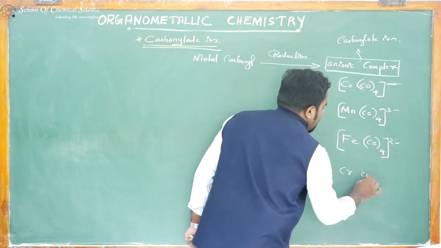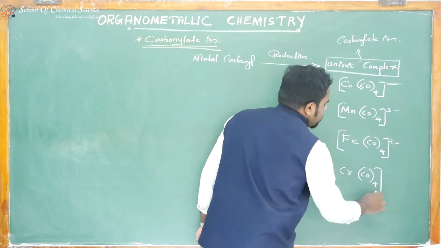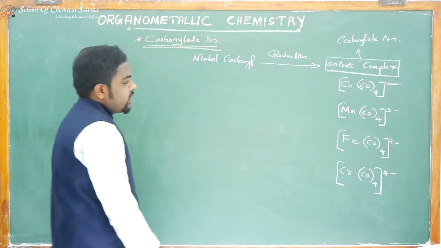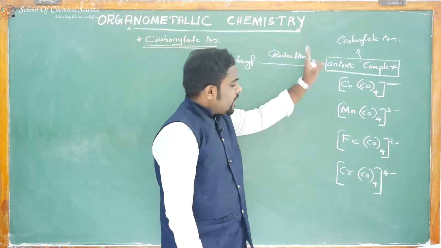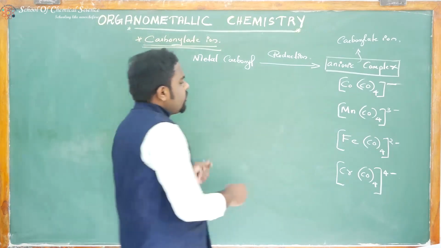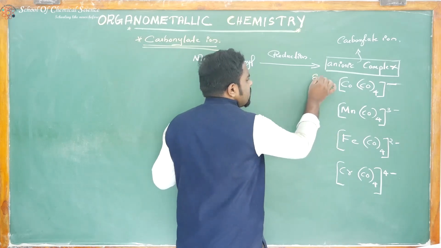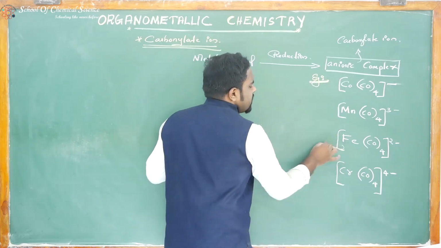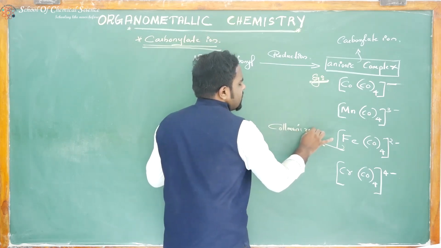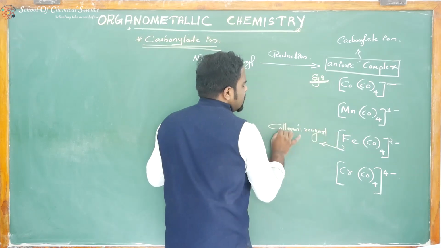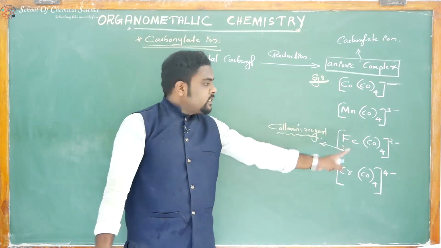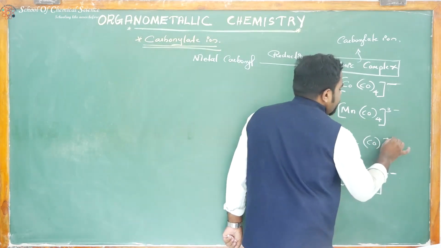Then Cr(CO)4 4 negative, Fe(CO)4 2 negative, Mn(CO)4 3 negative, Co(CO)4 negative. These are some typical examples. This Fe(CO)4 2 negative is called Collman's reagent, a very useful synthetic reagent in organic chemistry.